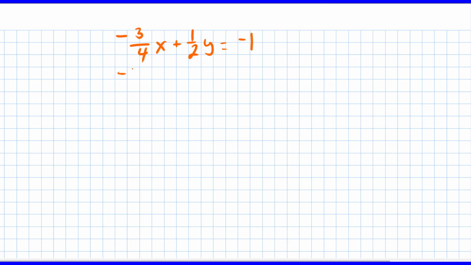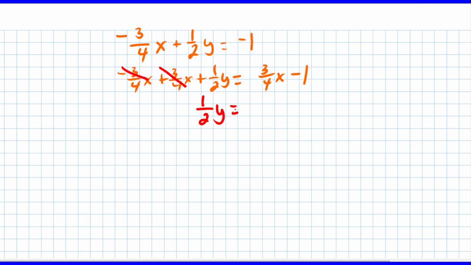So I'm going to have negative 3/4 x plus 3/4 x plus 1/2 y equals 3/4 x minus 1. All right, so these guys go away. That leaves me with 1/2 y equals 3/4 x minus 1.